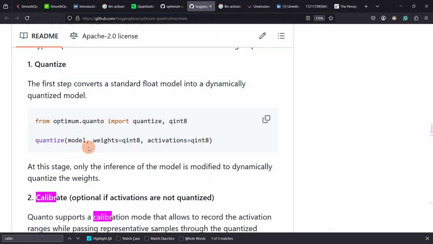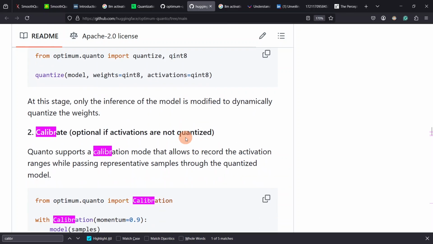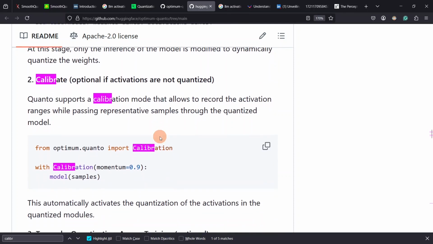As per Quanto, you can do both weight and activation quantization, and if you are doing activation quantization, then you need to calibrate the quantization as well using this calibration. But when running this, I was essentially having a memory issue.